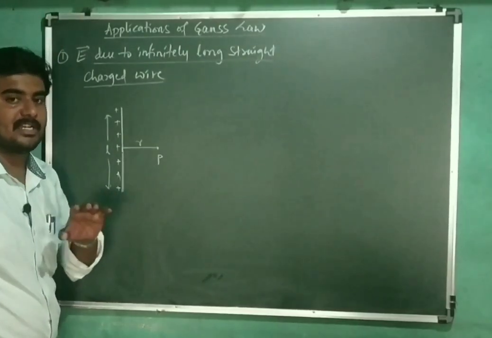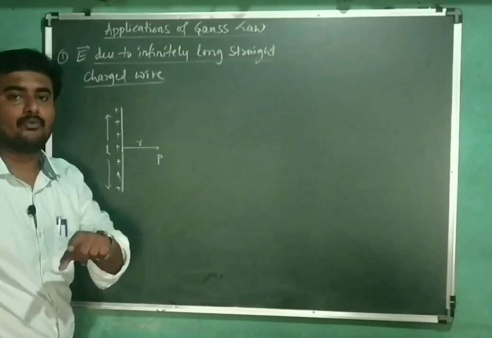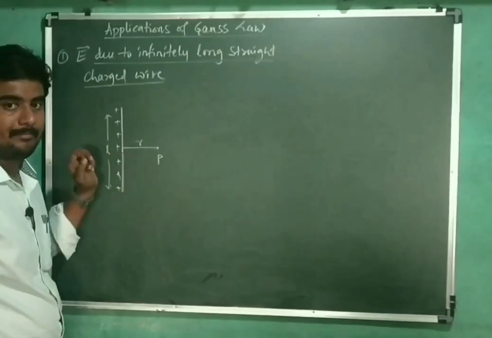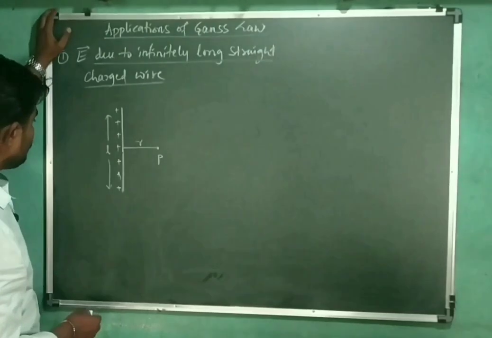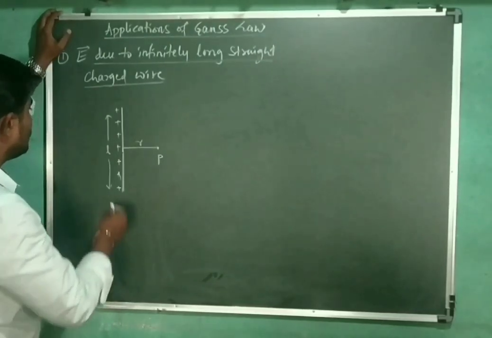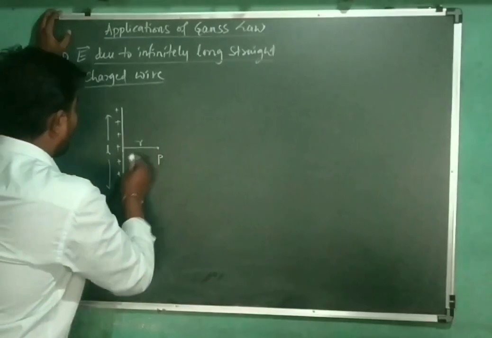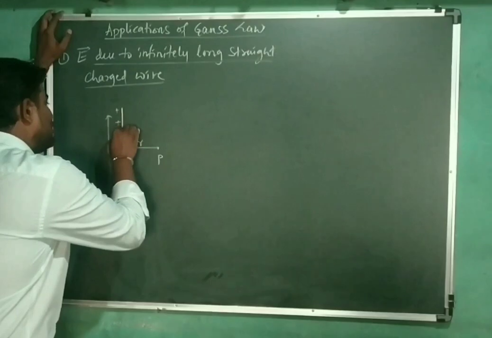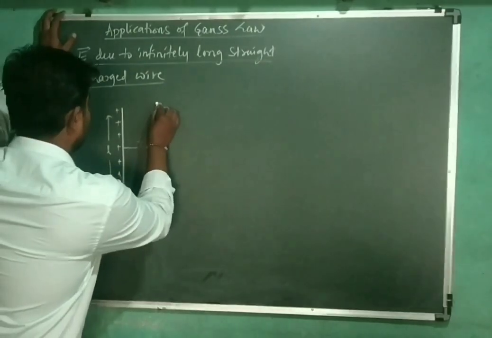The first condition is it has to be closed, and the second condition, the angle between E and A must be the same and the distance has to be the same. We shall choose a cylinder as the Gaussian surface in this case, and the axis of the cylinder has to lie on this line charge distribution.